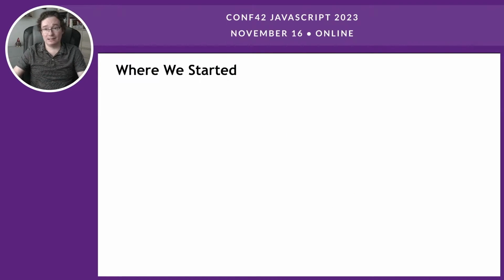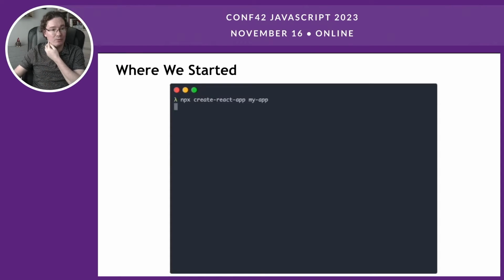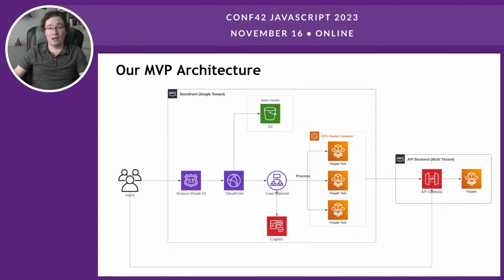All right, so let's see where we started. The first version of our solution was a very traditional React application where we wanted to take advantage of things like server-side rendering and caching on the CDN level. And the architecture of our MVP looked like this.